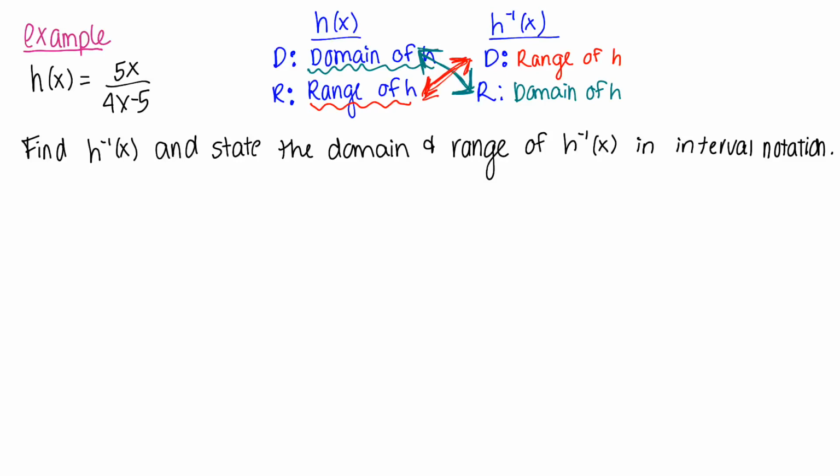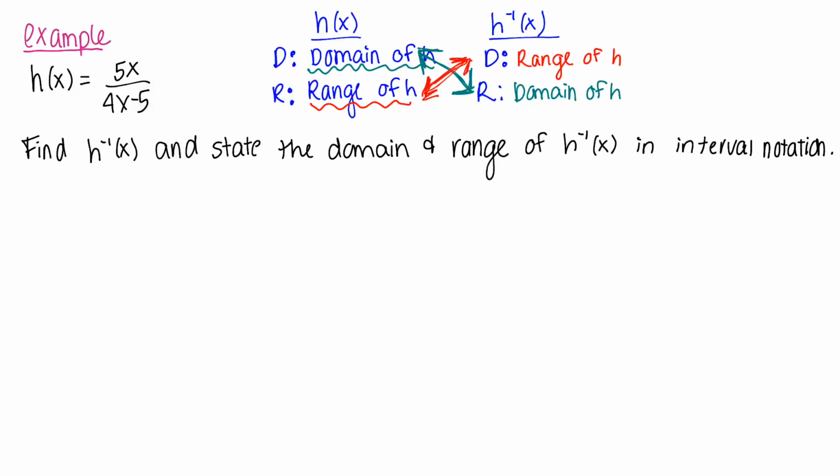This is really nice, and I will tell you why. This is really nice because finding the range of a rational function is not easy. Finding the range, so telling me what y values could possibly come out of this, is a very hard thing to do. You're going to find out that it's going to be like a weird value that's not included. Finding the domain of this is no issue.